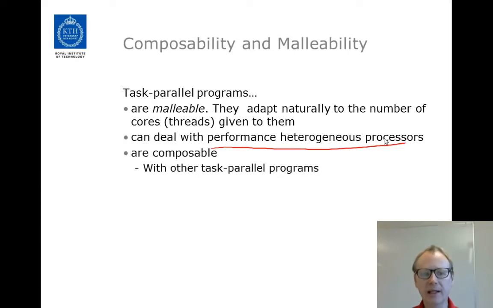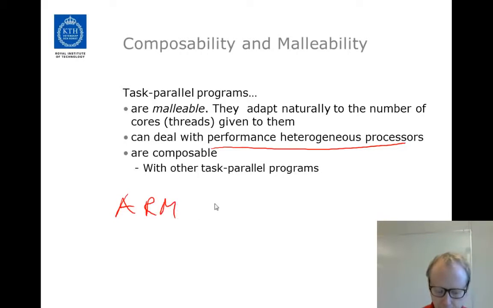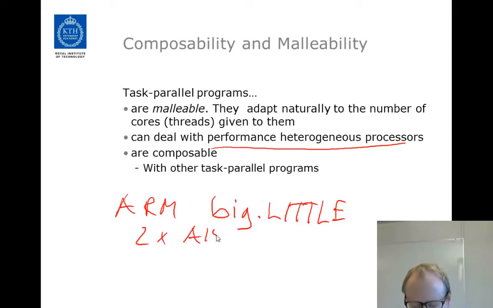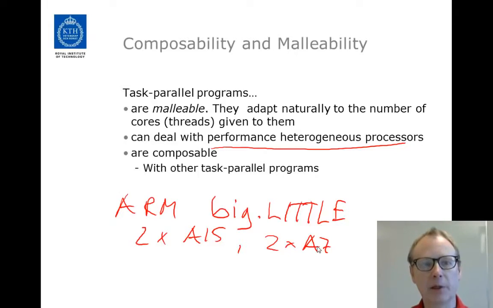So in reality, you do have performance heterogeneous processors. Also, there are architectures like the ARM big.LITTLE, which has this built into it. It has two Cortex-A15 cores and two or more Cortex-A7 cores, and they have exactly the same instruction set architecture, but totally different performance characteristics.